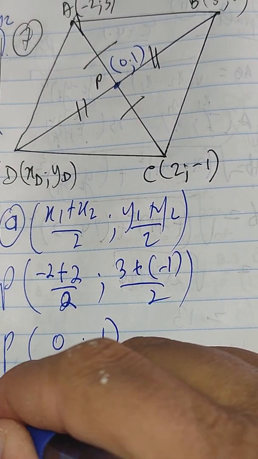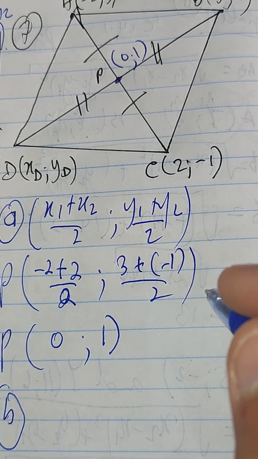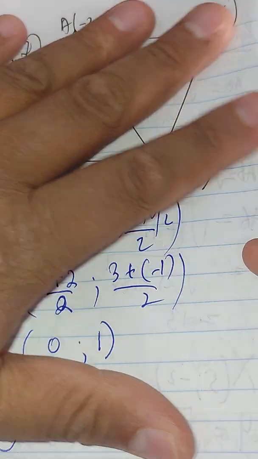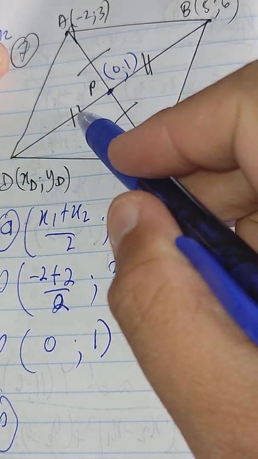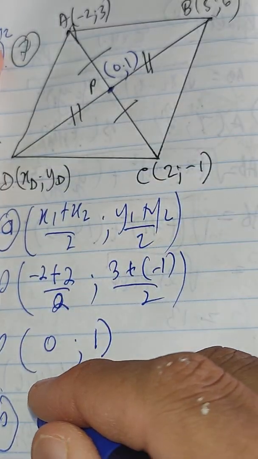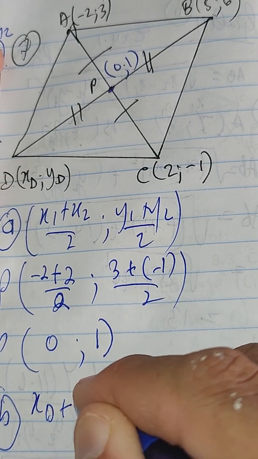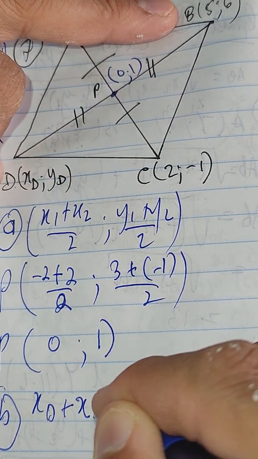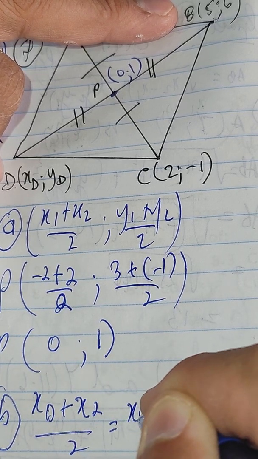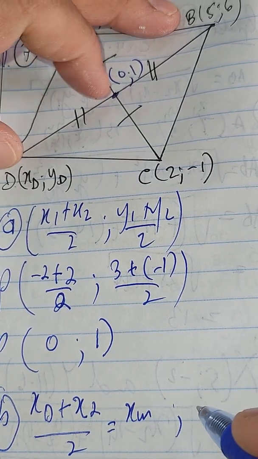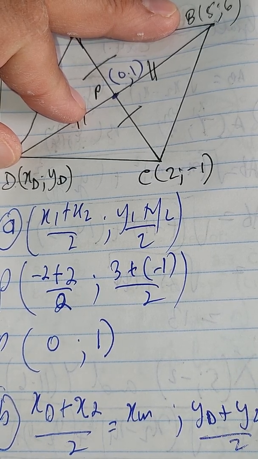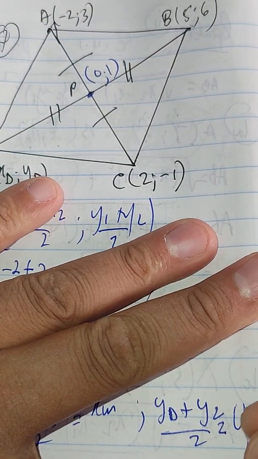Then we are told in the B part of the question that P is also the midpoint of BD. So now we're working in reverse. We have the midpoint and we're working out an endpoint. So we know that xD plus x2 over 2 is equal to the x midpoint, and yD plus y2 over 2 is equal to y mid.